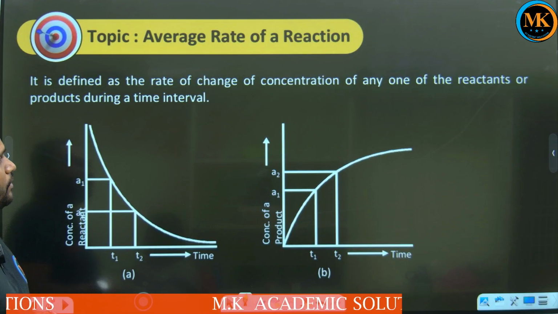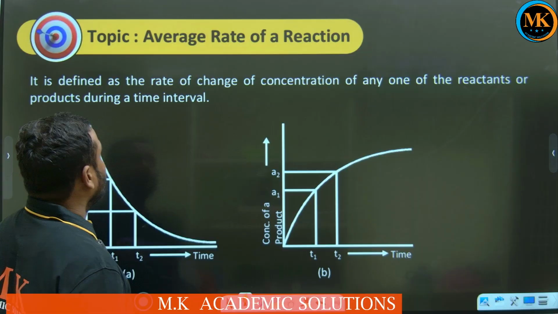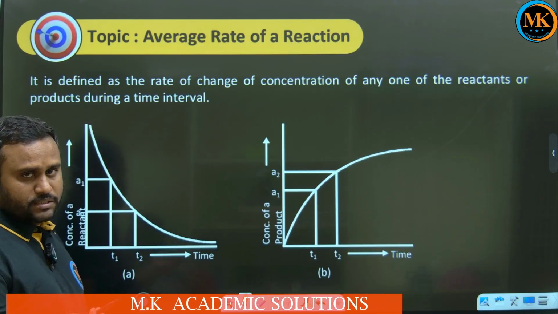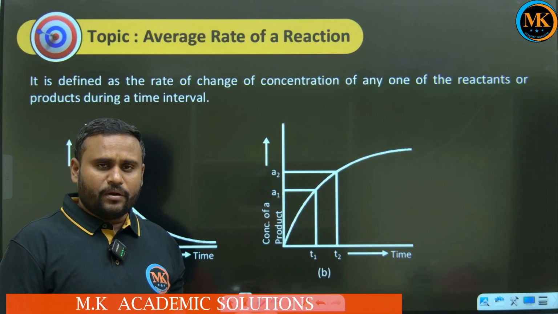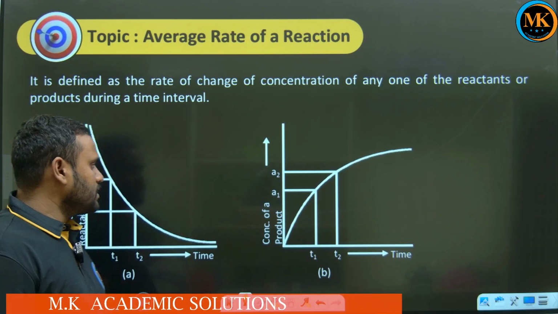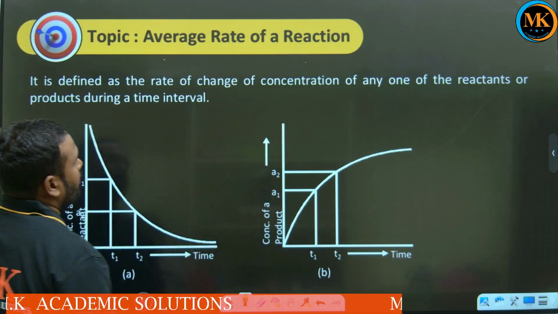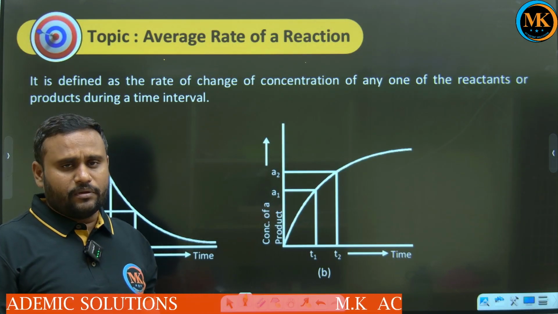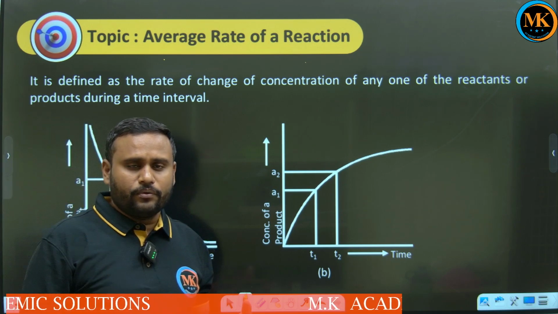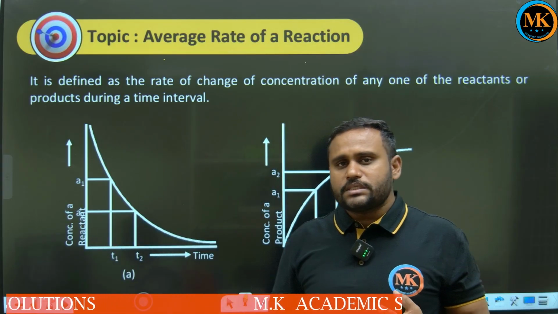Next we are going to see the types of rates. We are going to calculate two types of rates: one is the average rate, another one is the instantaneous rate. So we are going to calculate rate in two ways, average rate and instantaneous rate.